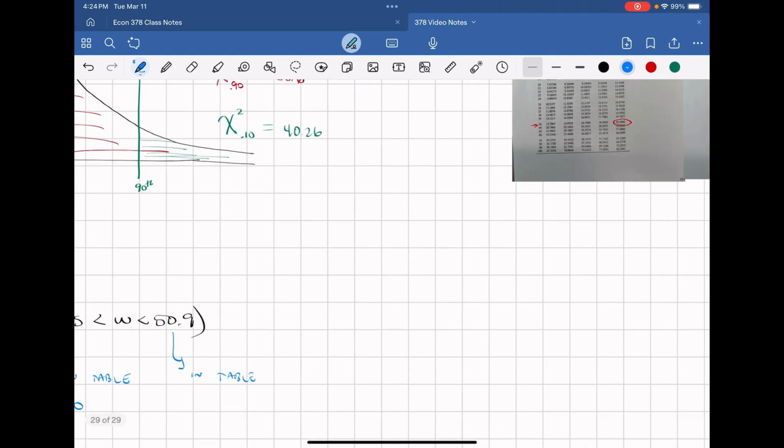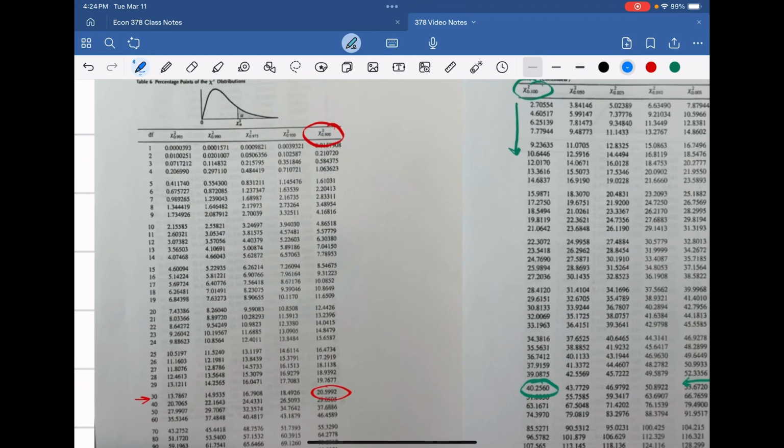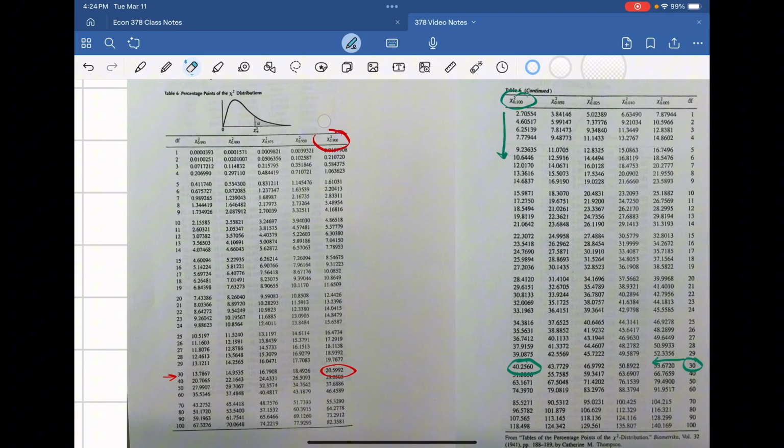So let's go ahead and start at our table. Let's erase these that we had before. So I'm going to look in my table to see where I get 18.5. I'm going to start at 30 degrees of freedom, and I'm just going to work my way this way until I get to 18.5.